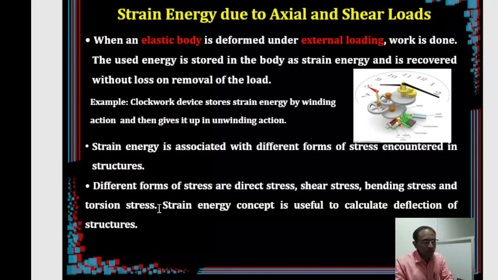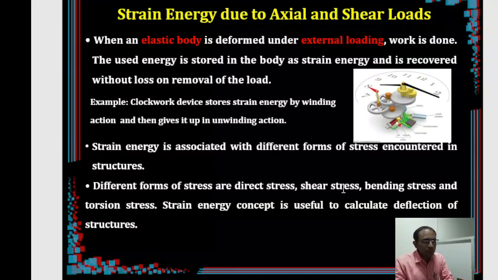Most of the time, the strain energy concept is used for the computation of deflections in structures, right? There are famous theorems like Castigliano's theorem based on the strain energy theory, right? It can be used for both indeterminate as well as determinate structures, right?